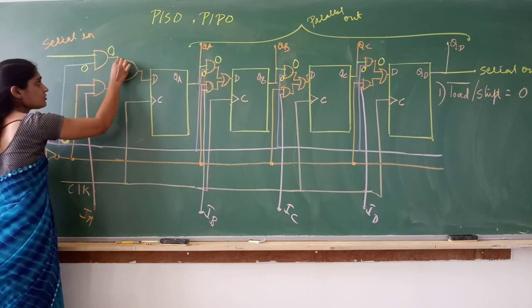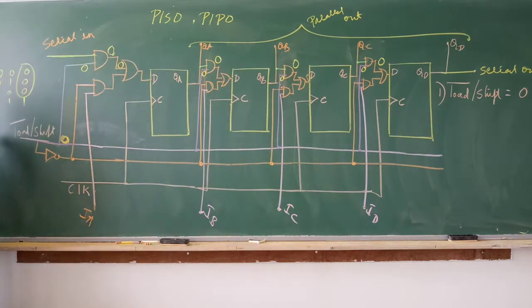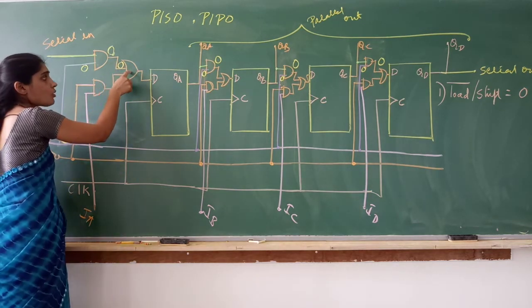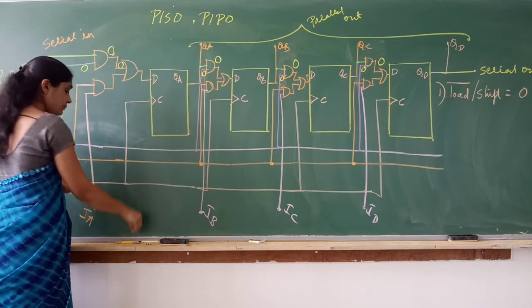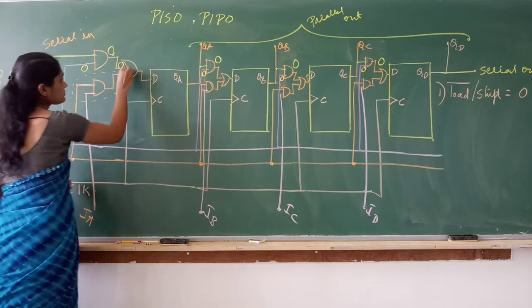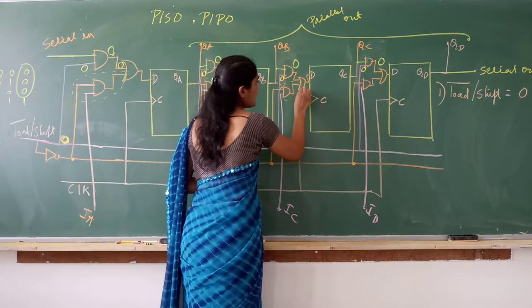Now this is 0. What is the truth table of OR gate? OR gate is what? 0 0 0, 0 1 1, 1 0 1, 1 1 1. That means if any one of the input is 1, OR gate output will be 1. But here one of the input is 0. Now OR gate output is completely depending on the second AND gate. Correct?